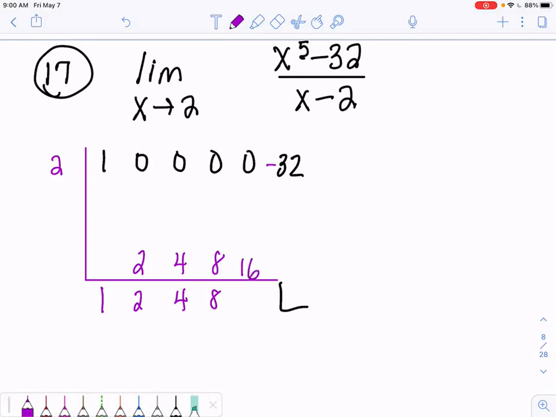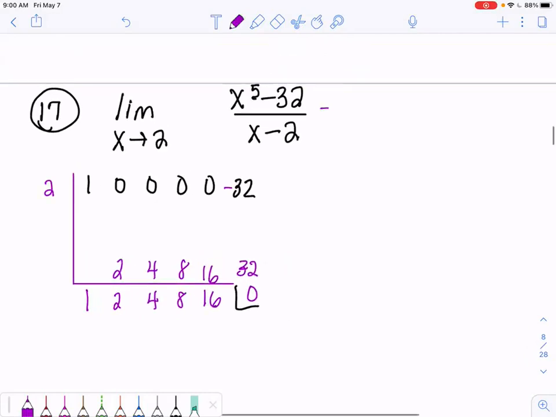I missed that. And then I get a 32 and a 0. So the expression on the top is now x minus 2 factored out. That's what synthetic division is doing. You're pulling out a factor by using division. It's just a different way of factoring.